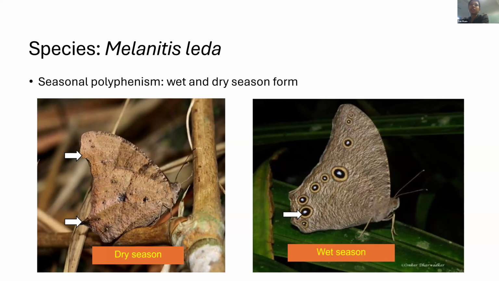More interestingly, this species has seasonal polymorphism. In the dry season form, you can see they have the tail and the tip here, but in the wet season form, they don't have the tail. You can also see the eye spot is present in the wet season form, but not present in the dry season form.